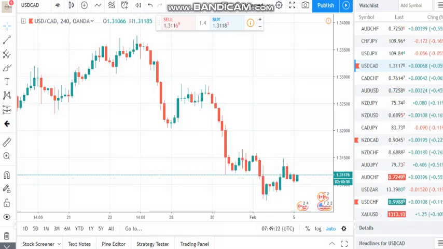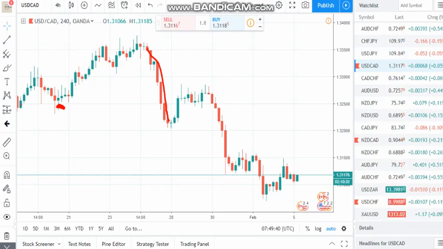So when you first spot that lower low, meaning that on an uptrend, that's the previous higher low, that is now broken.